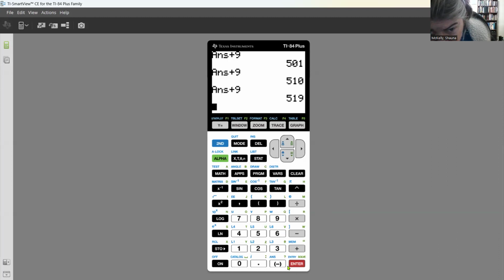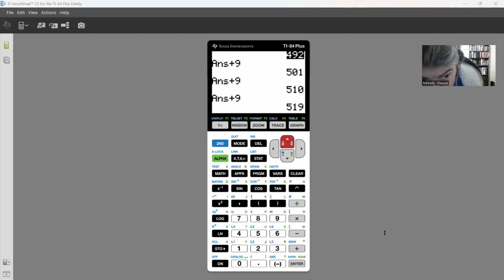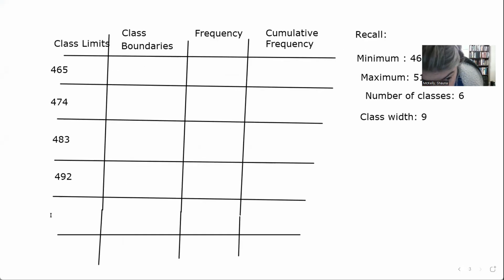So 492, 501, 510. Now remember, this is only my lower limit.